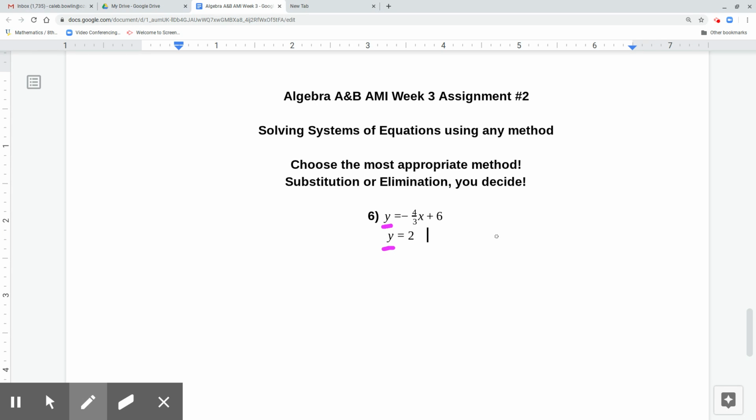That is a very easy scenario for substitution, because you already know what one of the variables is equal to. You already have the value of y, you only have to solve for x. I'm going to pause the video and write up the two equations, and then show you how I would work them out.